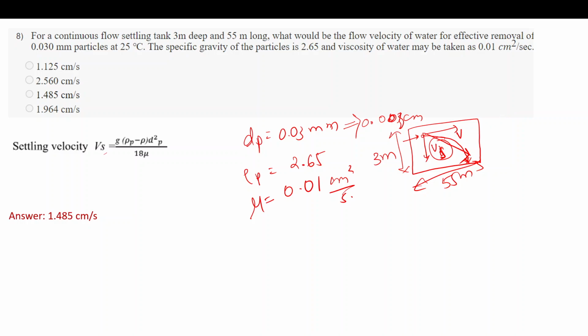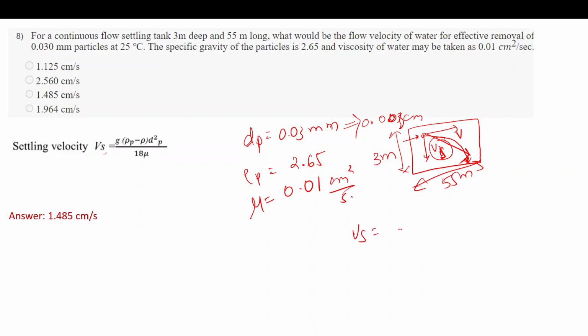So let's first find out the terminal settling velocity, and later we can apply the derivation, where the time required to travel the horizontal distance and the vertical distance should be the same, and that is where we can equate the velocities and find out the velocity, right? So let's first find out the settling velocity.